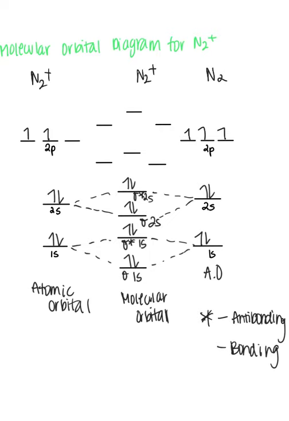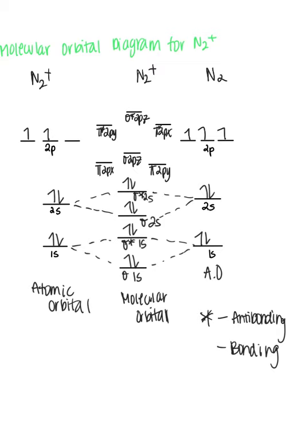So for here, we're going to start with the pi 2px, pi 2py, sigma 2pz, pi star 2py, pi star 2px, sigma star 2pz.